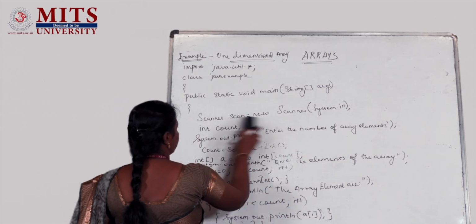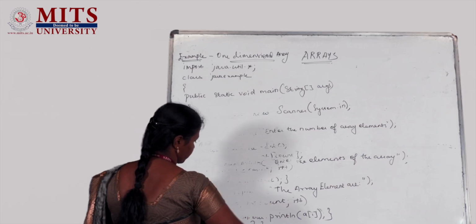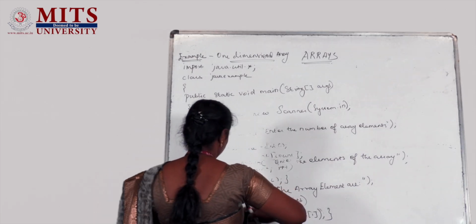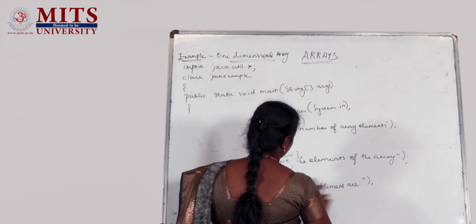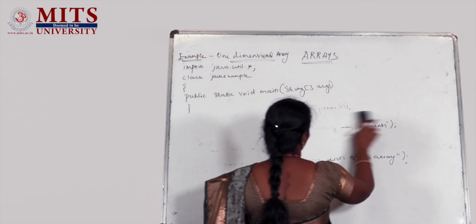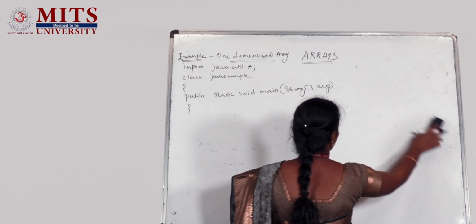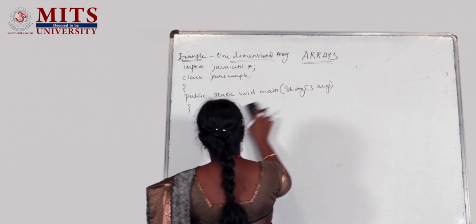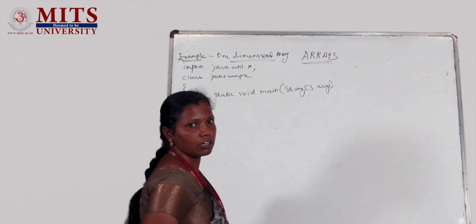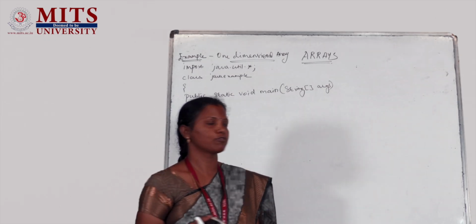In the same program, I will also explain the concept of the for each loop, like how the for each loop will work for an array. Instead of using a for loop, we can also make use of a for each loop. For each loop is particularly used for arrays and for the concept of collections in Java.